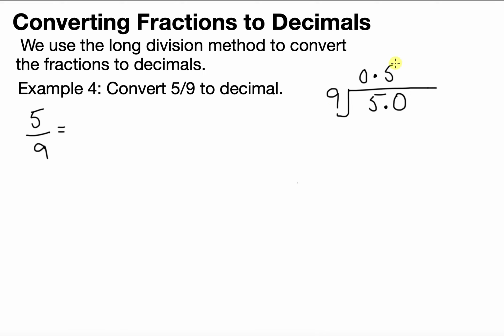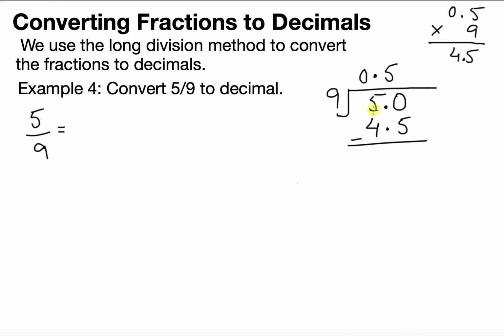Okay. So we have 0.5 times 9. 9 times 5 is 45. 9 times 0 is 0. So one decimal place, one digit before the decimal. So it's going to be 4.5.